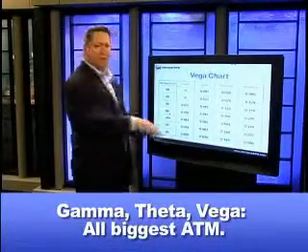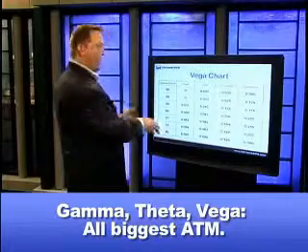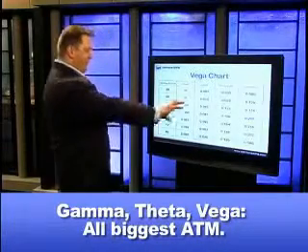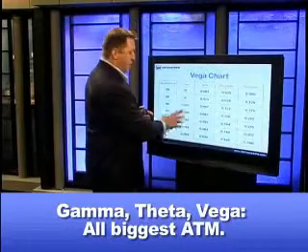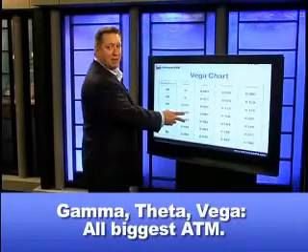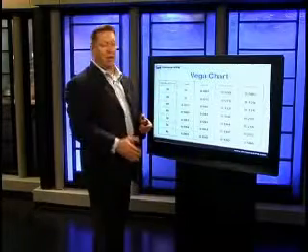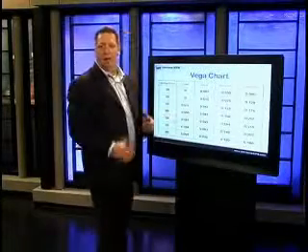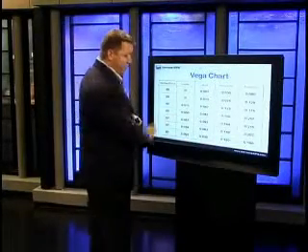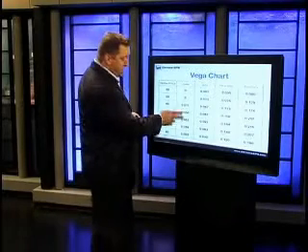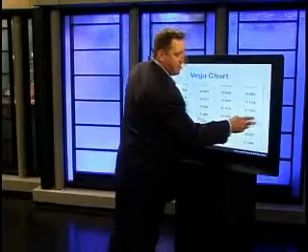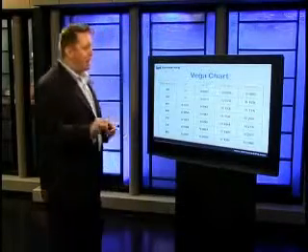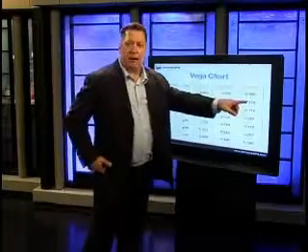It's the only difference between these risk-based Greeks in terms of their behavior and their appearance. They're all biggest at the money. Gamma and theta, front month at the money, biggest. Vega is also biggest at the money, but out month at the money. Keep that in mind when you're buying out month options.